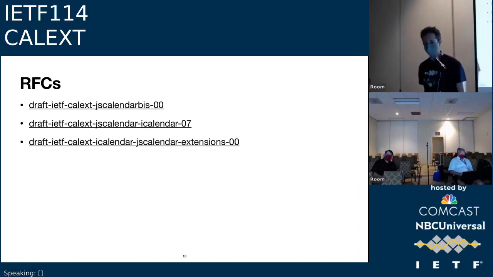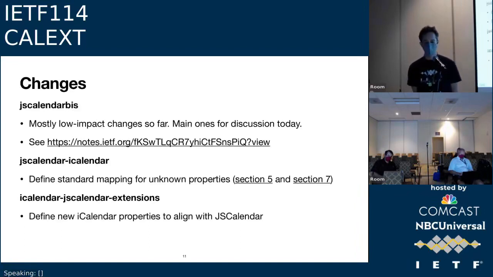That being said, on the next slide, we will discuss a couple of changes for JS Calendar BIS. We currently identified a number of changes that are mainly improving the design, or just clarifying things that were not as clearly defined, as we came to learn while we were implementing the standard mapping between JS Calendar and iCalendar.